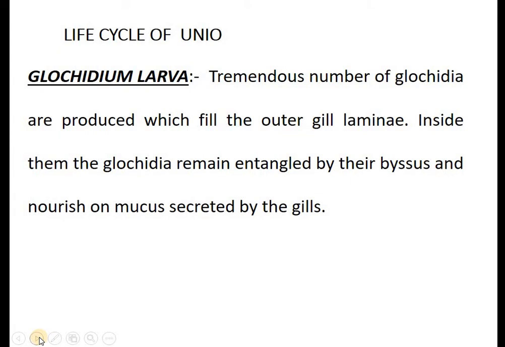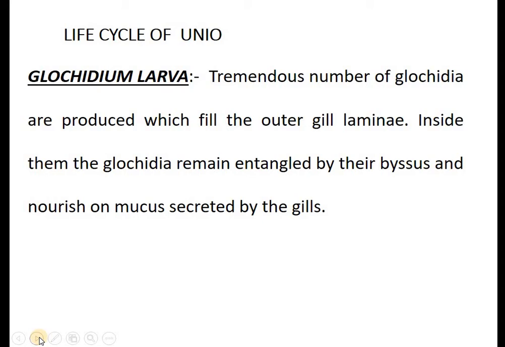Now, a tremendous number of glochidia are found in the outer gill lamina. The eggs are deposited in the water tubes of the gill lamina.